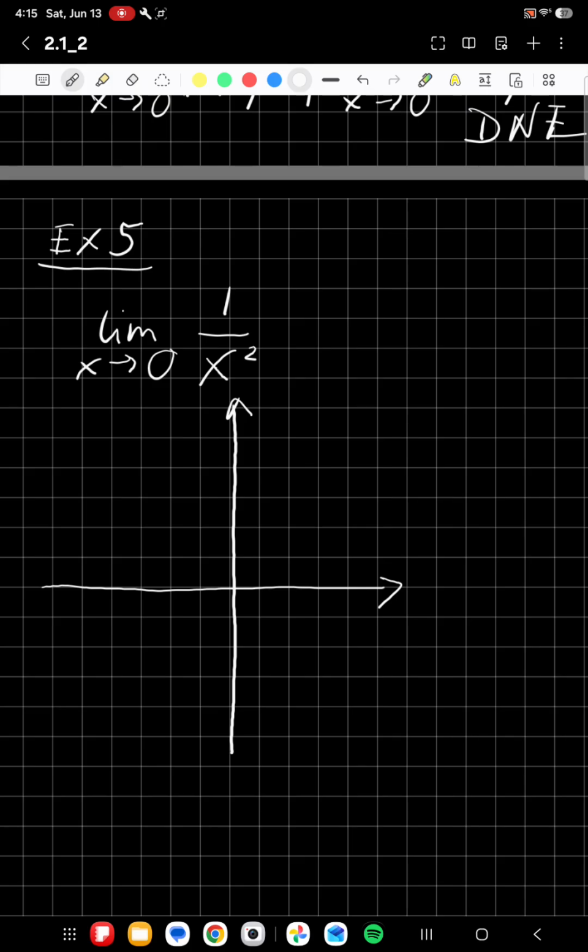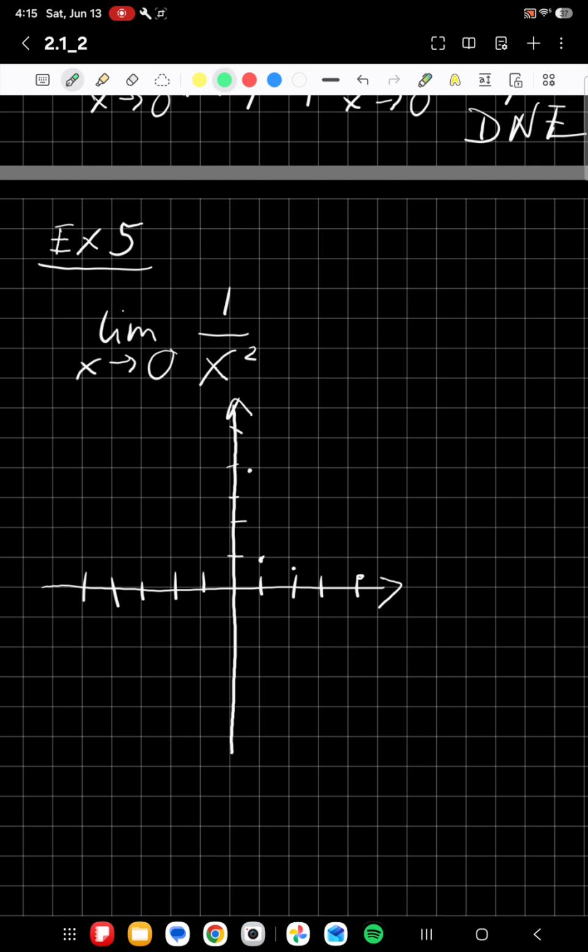Okay, so let's just do it. Let's pick a couple points. For 1, I get 1. For 2, I get 1/4, so I'm getting closer. For 4, I get 1/16, and for numbers that are between 1 and 0, I get bigger numbers. Over here, let's pick a different color.